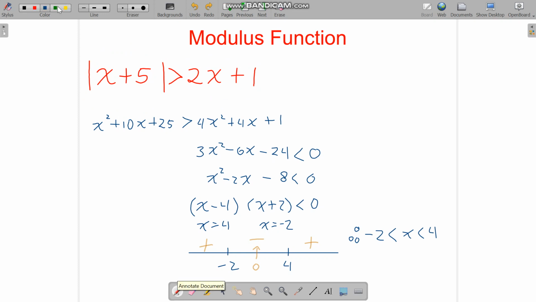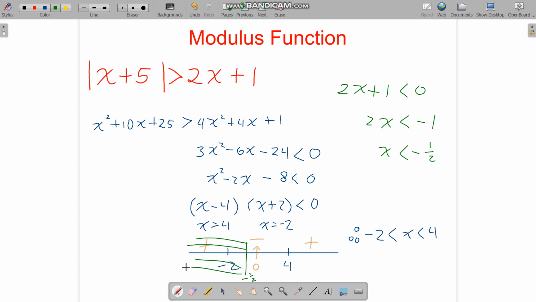So if 2x plus 1 is smaller than 0, or if 2x is smaller than minus 1, or if x is smaller than minus 1/2, actually that's also a solution. So here if we add another critical point, minus 1/2, anything smaller than minus 1/2 is also a solution.